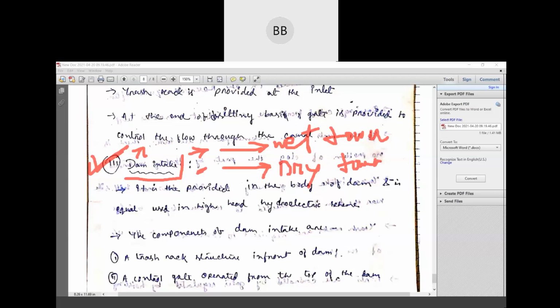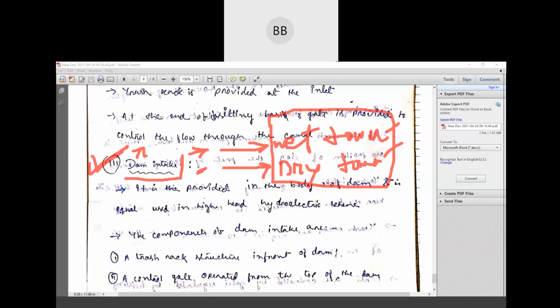These two are very high structures, very huge structures. It takes lots of cost to construct both, the wet tower and the dry tower. We will also discuss the advantages and disadvantages of both.